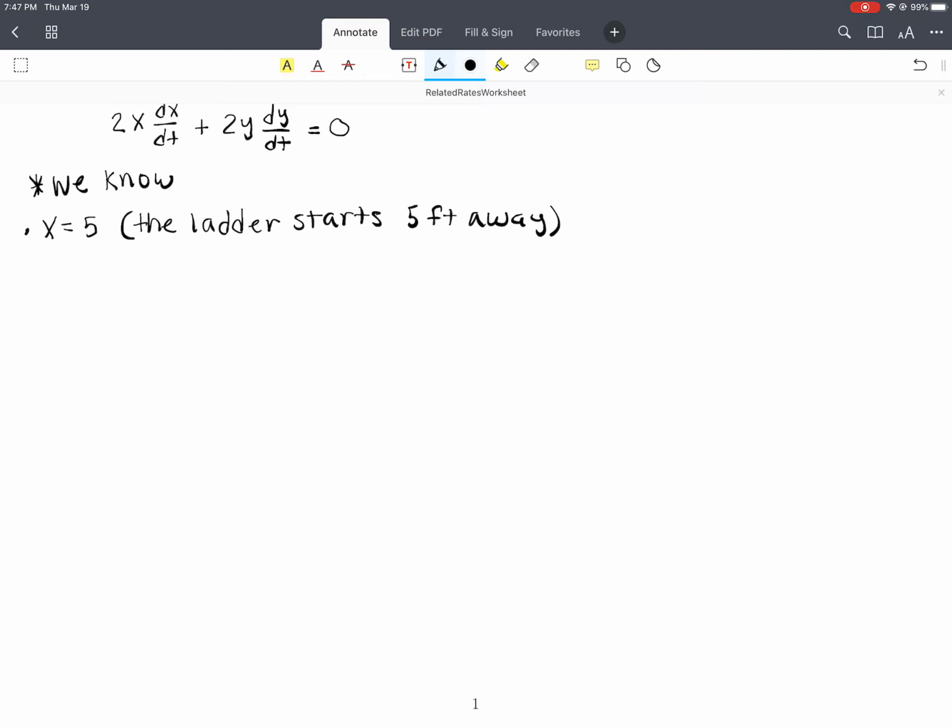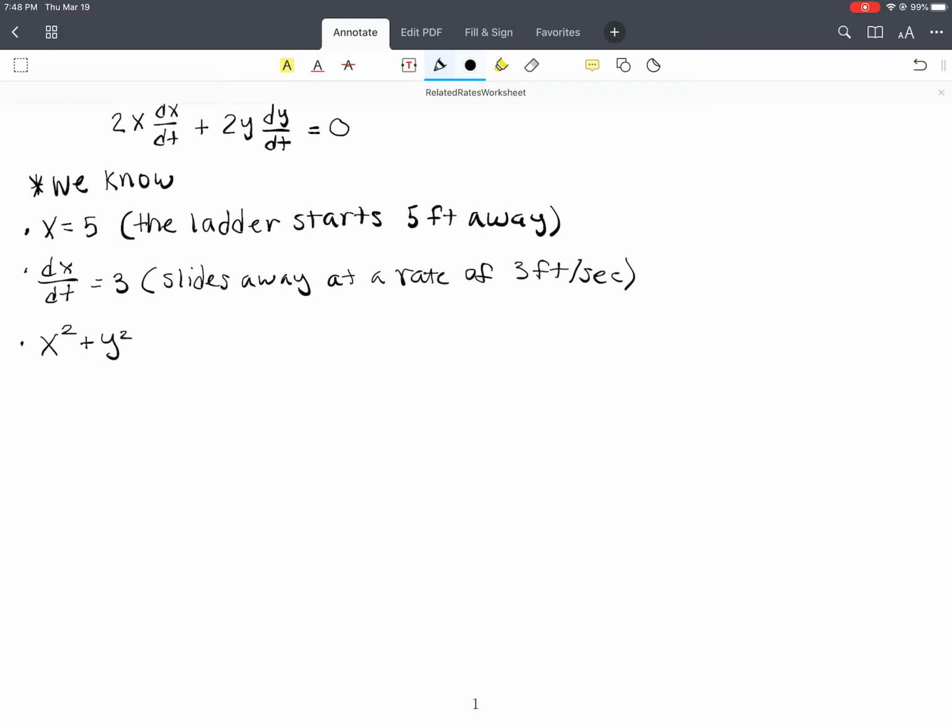We know that dx/dt is equal to 3. It says the ladder slides away at a rate of 3 feet per second. And we know that x squared plus y squared is 13 squared.